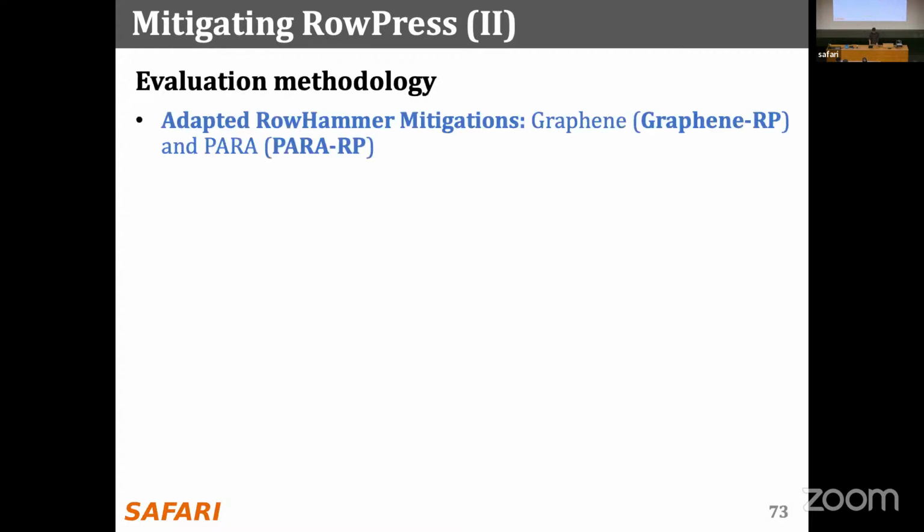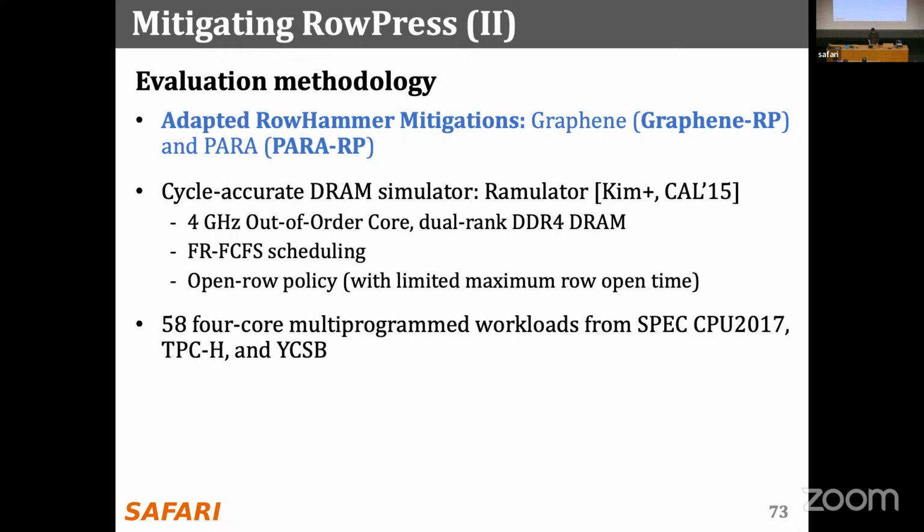We evaluate this proposed mitigation by applying this methodology to two popular RowHammer mitigation techniques. One is called Graphene, which is similar to the industry TRR mitigation, where it keeps a table that tracks the most activated rows. The second is PARA, which we already discussed, the probabilistic victim row refresh mitigation mechanism.